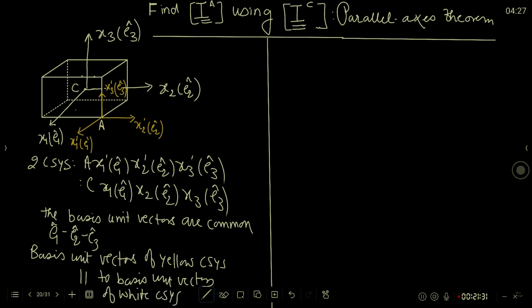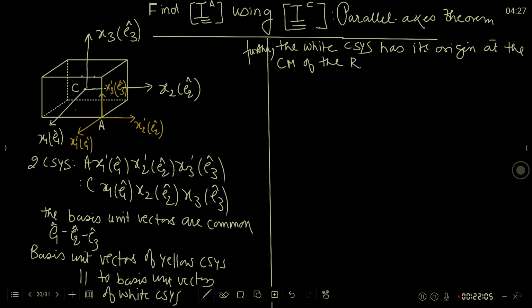Also, one of the coordinate systems has its origin indeed at the center of mass of the cuboid, at the CM of the RB.